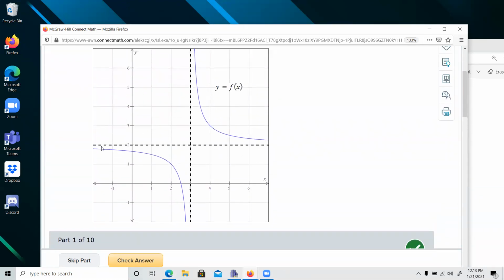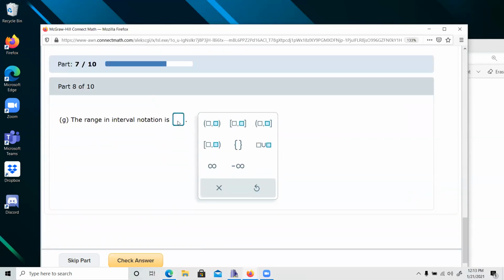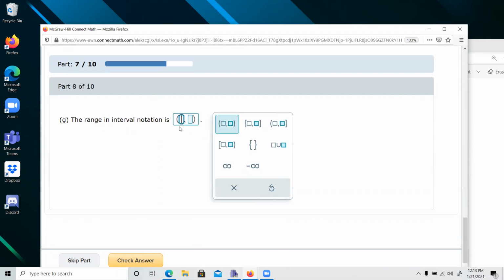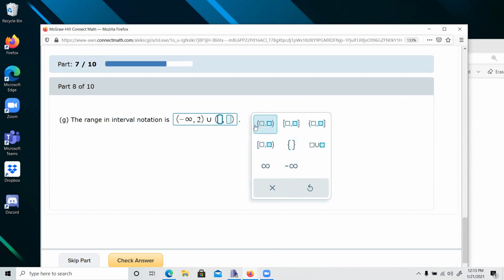So because this doesn't actually intersect 2 at all, we're gonna take them at their word, and we're gonna say it goes from negative infinity up to 2, and then we're going to skip over 2, and then we're going to go from 2, that means that includes, all the way to the highest part.